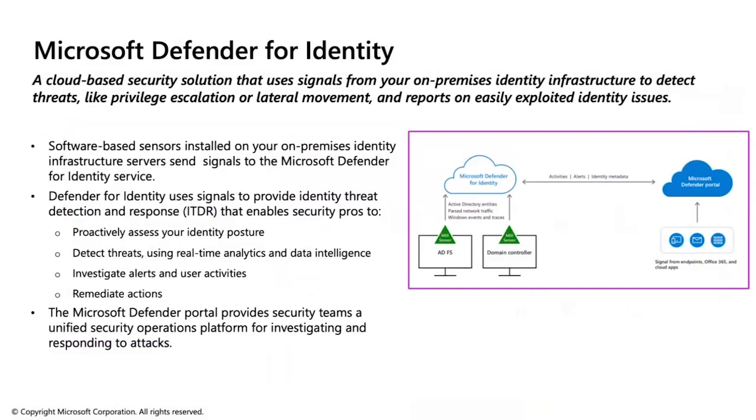If there is any kind of attack pattern in our ADFS system or domain controller, this will send signals to the Microsoft Defender for Identity portal dashboard, and we can detect it. Then we can plan how to protect our domain controller and ADFS system using this Defender for Identity option. This is good if you're in a hybrid model and you want to protect your on-prem identity systems as well.